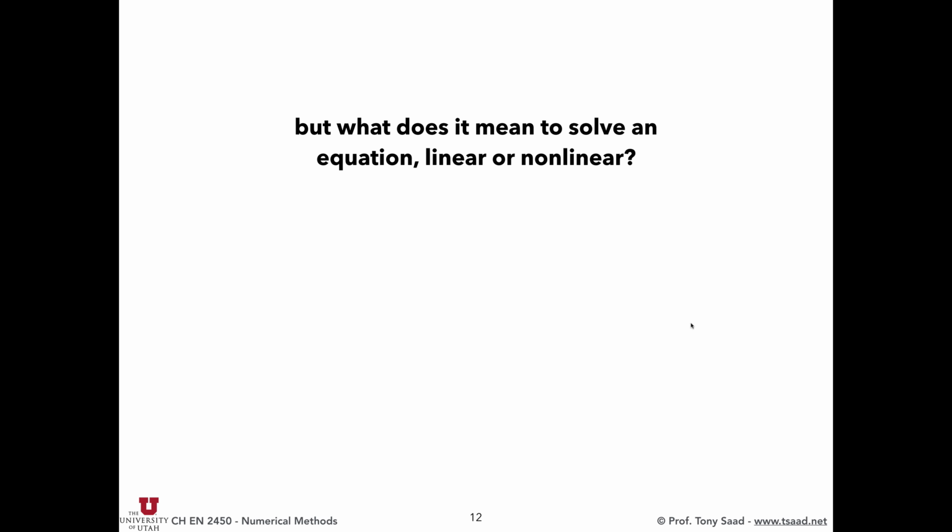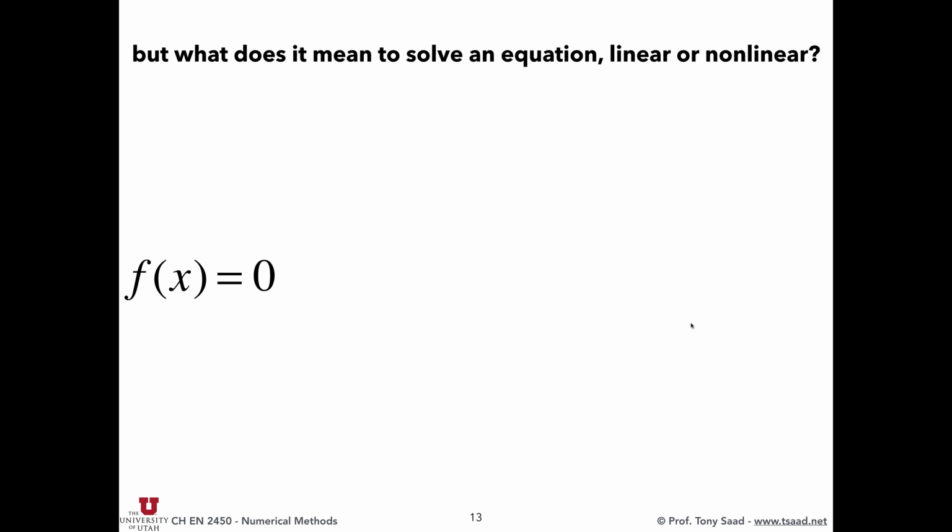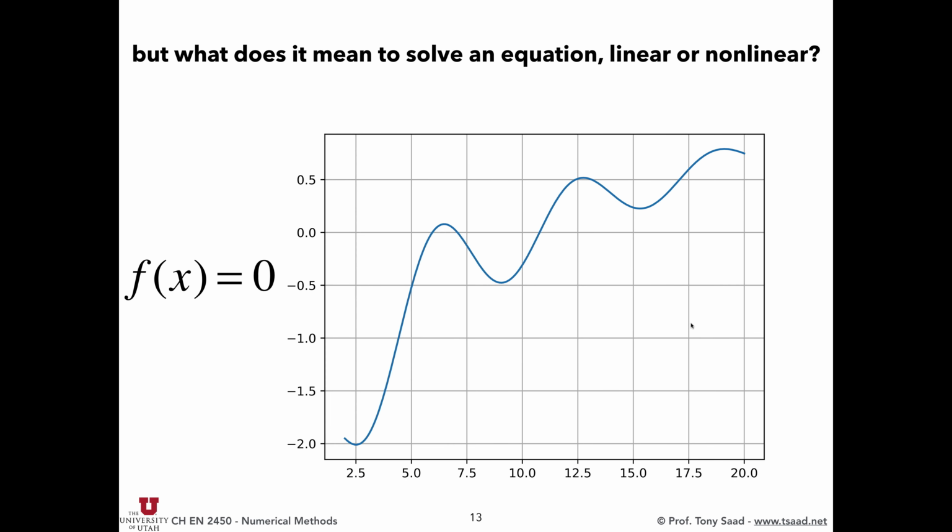But what does it mean to solve an equation, linear or nonlinear for that matter? So f of x equals 0. You've heard f of x equals 0. What does it mean to solve this equation? I want to look at the geometric interpretation for a second. Take this arbitrary function. It looks like this kind of crazy looking function. What does it mean to say f of x equals 0?